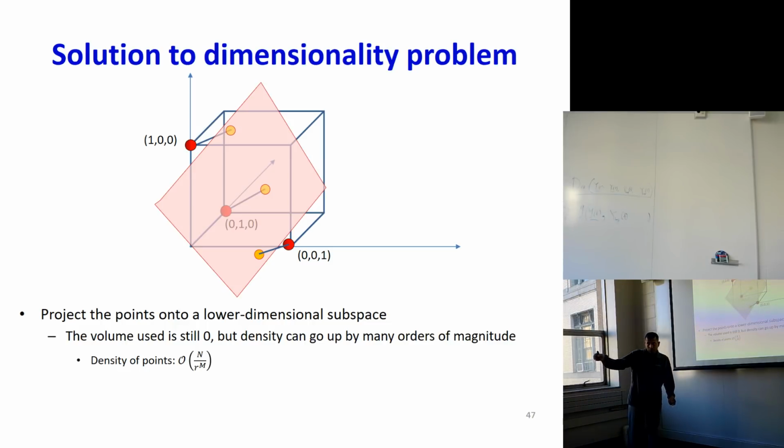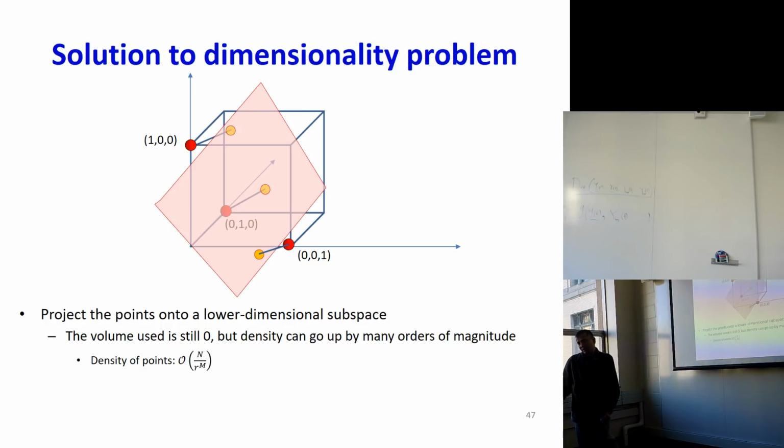And the thing about going down, say, from an n-dimensional space to projecting it down to an m-dimensional subspace, hyperplane, is that the density is now going to go up. Because if I take a radius r and create a volume around all of my points, instead of the density being n over r raised to n, it's going to be n over r raised to m.